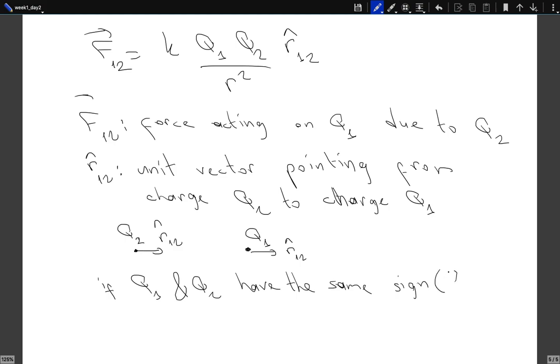If they have the same sign, which basically means Q1Q2 is larger than 0, then F12 is in the same direction as R12.